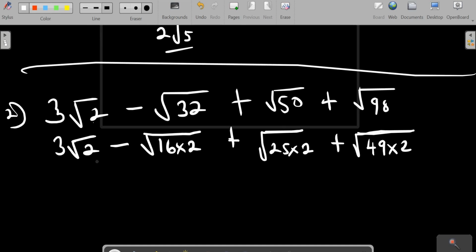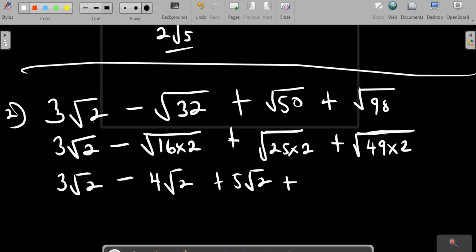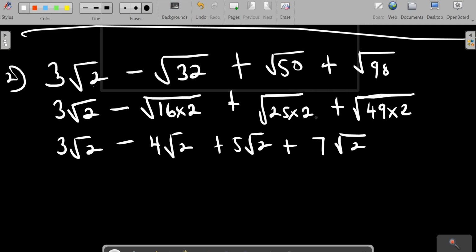You can see that it's becoming simpler now by writing 3 root 2. Now minus, what's the root of 16? That will be 4. So this will be 4 root 2. Then plus, what's the root of 25? That will be 5. And you have your root 2. Then you have plus root of 49. That will be 7 root 2. So now you have similar surds.